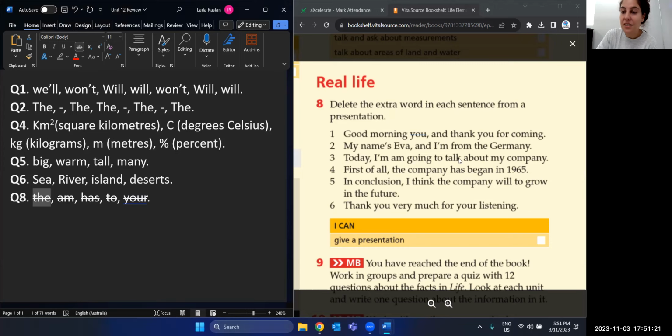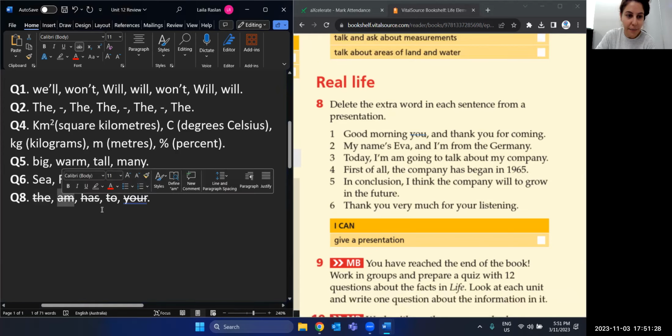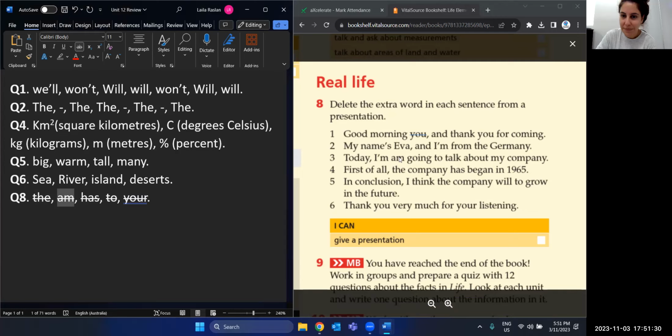Today, I'm going to talk about my company. We can cross off the M. There's 2 M. Yes, exactly. It's repeated. I'm going. So we don't need the second one because it's already in the first one. Subject am. I'm going to talk about my company.